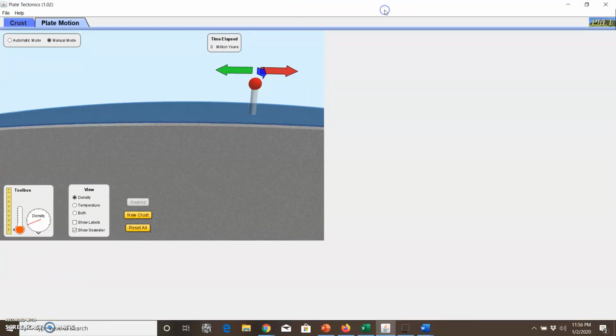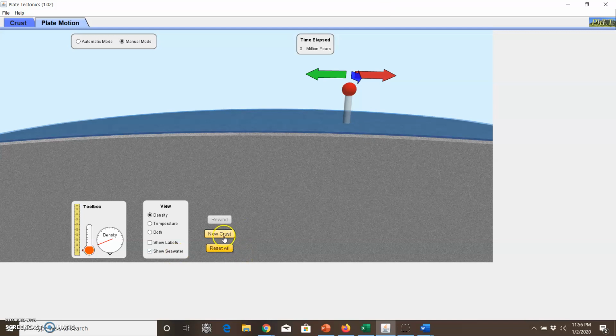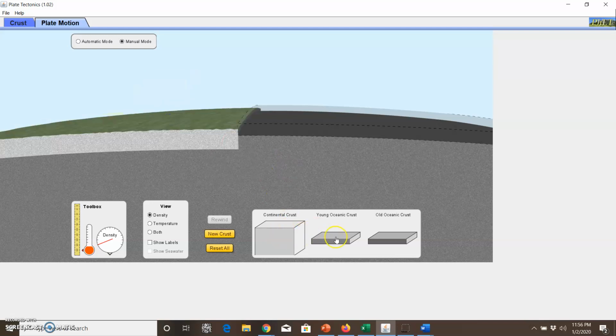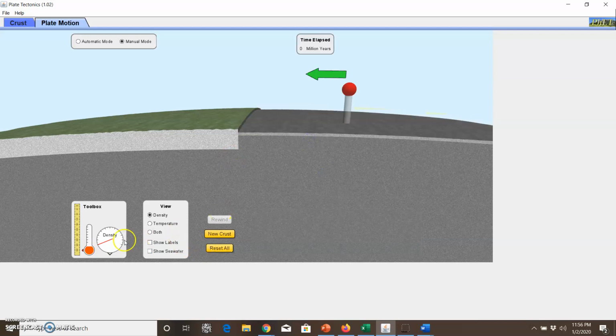Okay, so let's go back to the simulation. Let's start by comparing continental crust and young oceanic crust, and I'm going to add my seawater so we can see the difference. All right, so here we have our density gauge, and in order to use a density gauge, see this little triangle at the end?